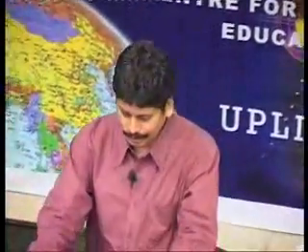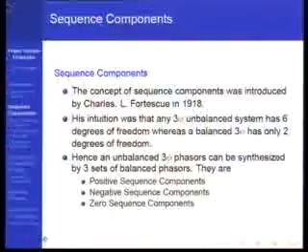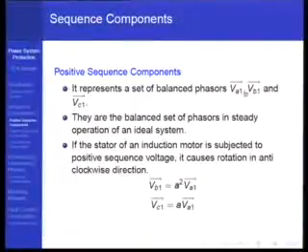Each of those balanced systems, in this particular case, we call the positive sequence component, the negative sequence component and the zero sequence component. In the positive sequence component, I call the phasors ABC. The B phase lags the A phase by 120 degrees, the C phase lags the B phase by 120 degrees, and the magnitude is identical.